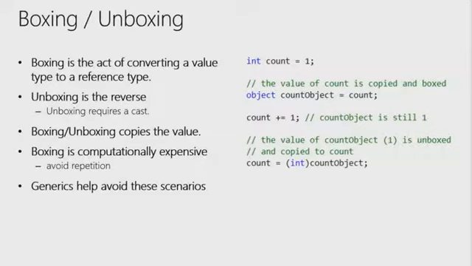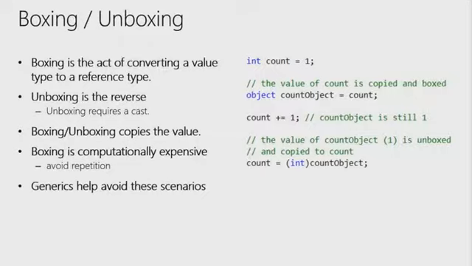Now the problem with that is that it takes time. It takes effort from the runtime environment to take a value type, create an object, and copy that value into that object. And so there's computational effort associated with that. The other challenge is it can get complicated to track what's going on with that.